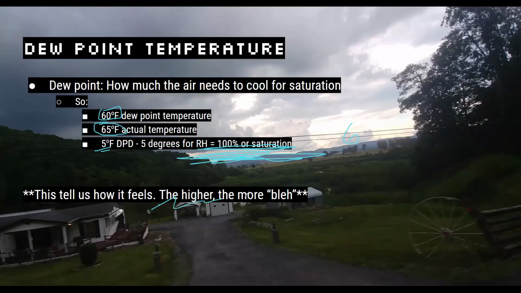And the higher the dew point is, the more icky we would say it is. So a 60-degree Fahrenheit dew point is going to feel a lot ickier than if we had, let's say, 32.